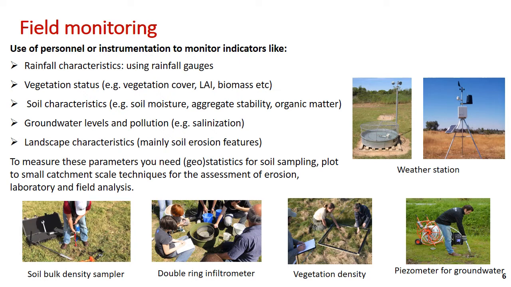To do field monitoring, you need humans and you need instruments. Since it is in the field, you go to the field with your instruments, look at indicators, and start collecting information about them.